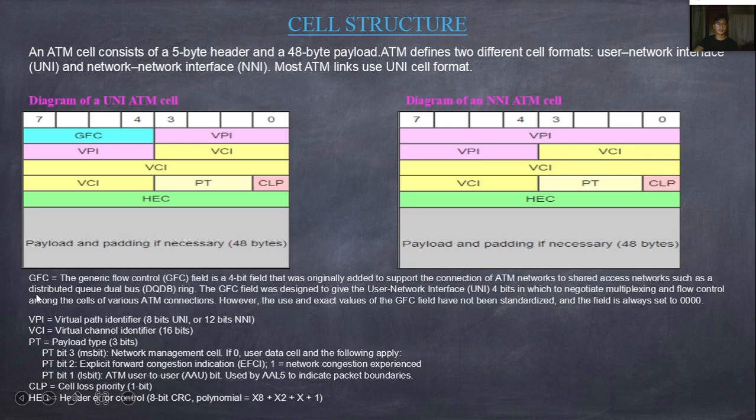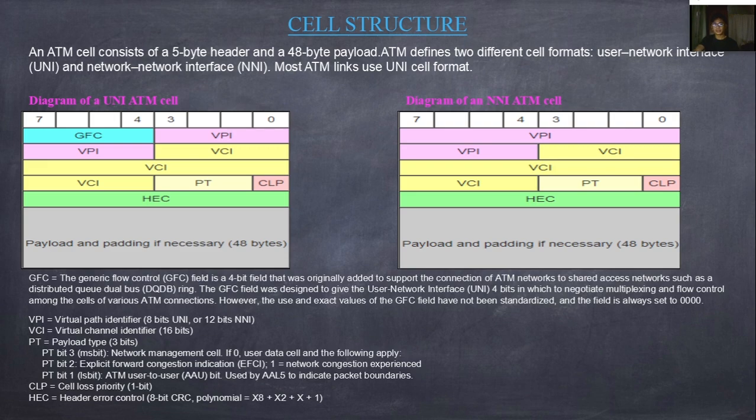GFC means generic flow control. The GFC field is a 4-bit field that was originally added to support the connection of ATM networks to shared access networks such as a distributed queue dual bus, or DQDB, ring.